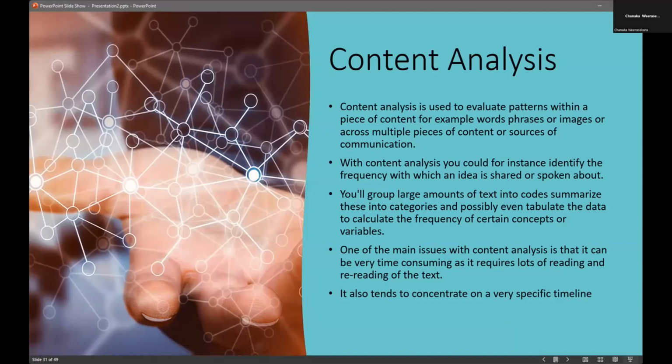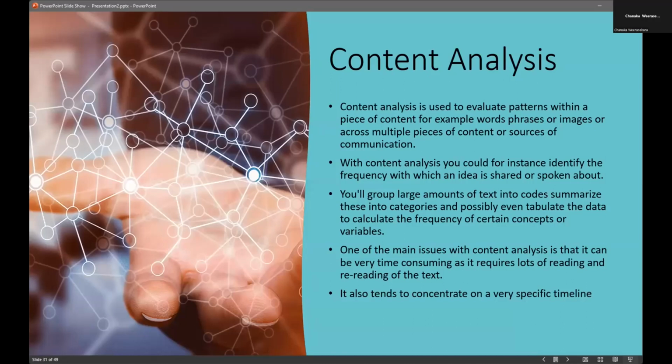What we do is go through the data and try to find patterns, the same phrases, same meanings, same words, and how many times those words or phrases are mentioned or interpreted in the data.